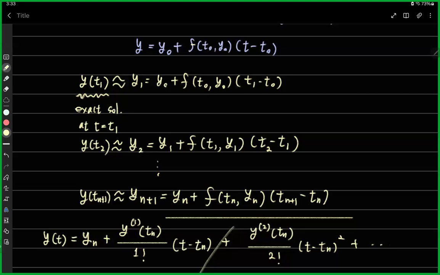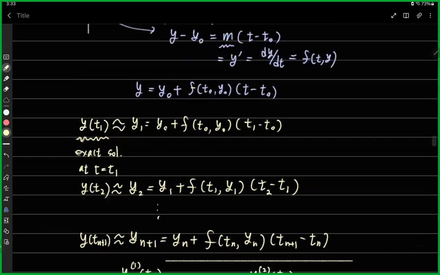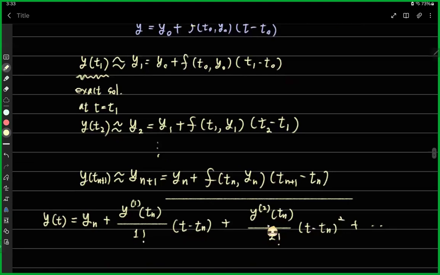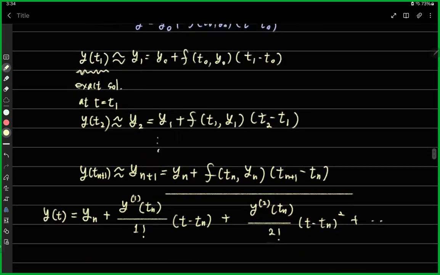But here's a question then. Can we just use more terms? Because look at this, we can clearly see that there is a gap right here. To reduce this gap, we may use more terms. Then this is not going to be a line, but a kind of curve, so the point is closer. That's Taylor's method.